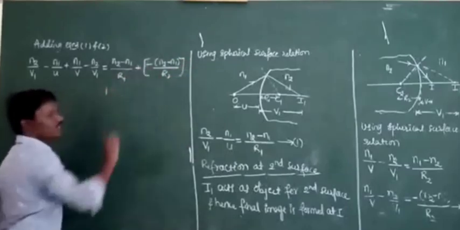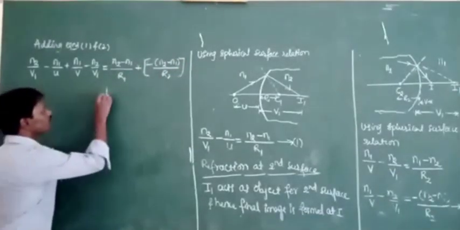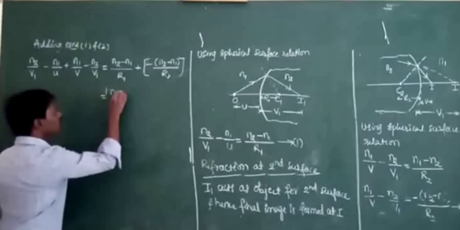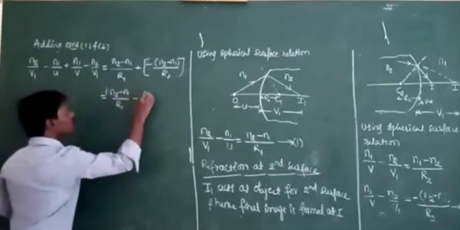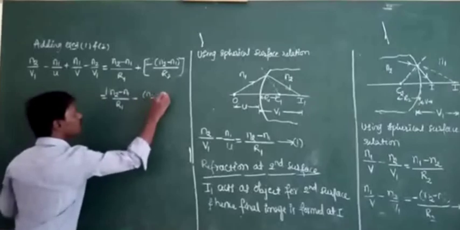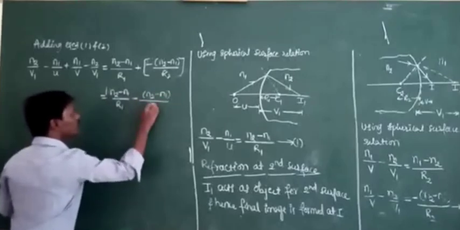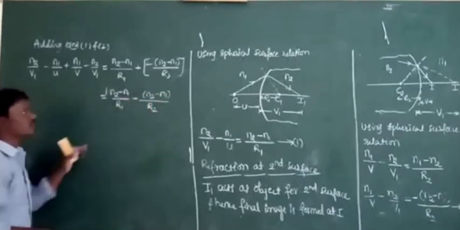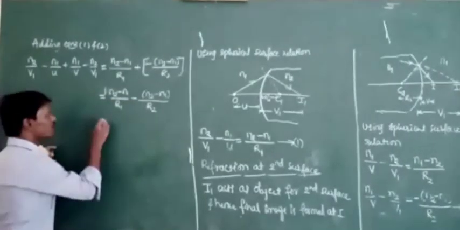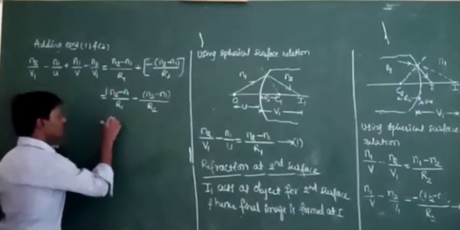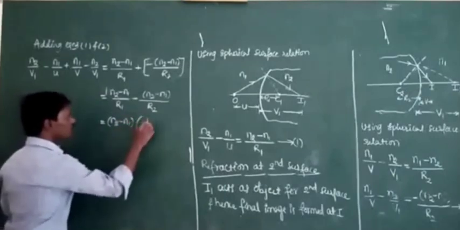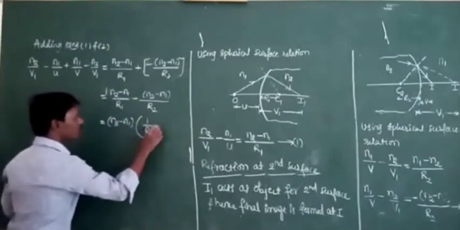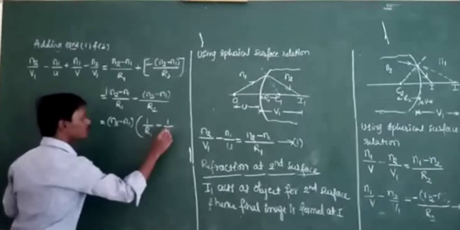So plus into minus, it is N2 minus N1 divided by R1 minus N2 minus N1 divided by R2. What is common here? N2 minus N1 is common, into the bracket 1 by R1 minus 1 by R2.